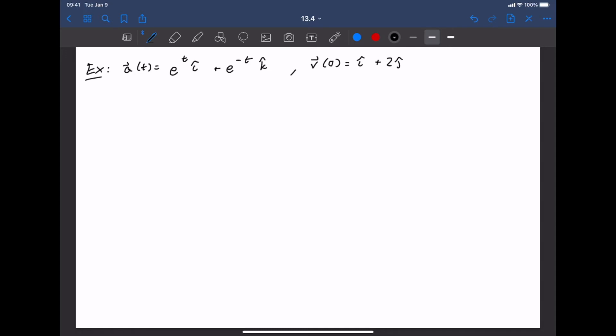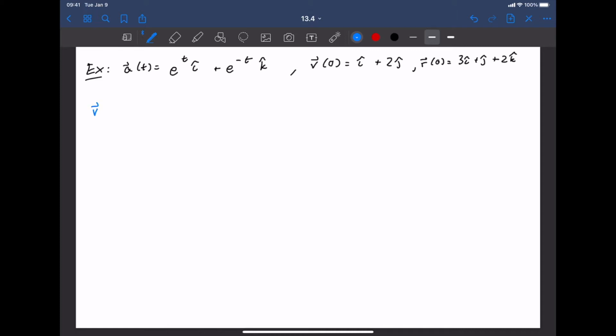So I'm not actually having any initial velocity in the k direction. And my initial position is 3i plus j plus 2k. If they gave you this setup, can you go back and find the actual velocity function and the actual position function? What would that involve?